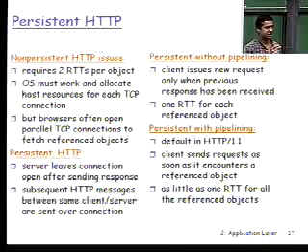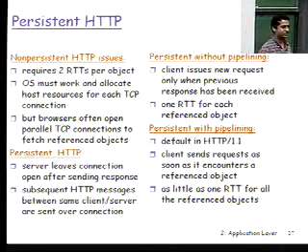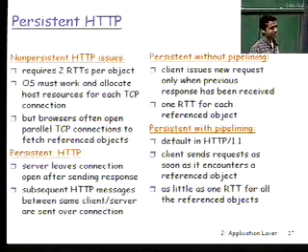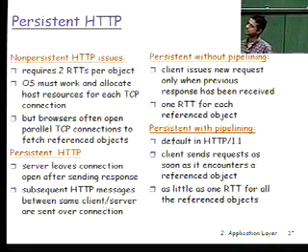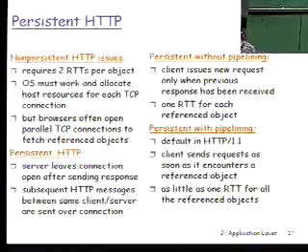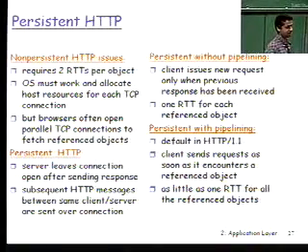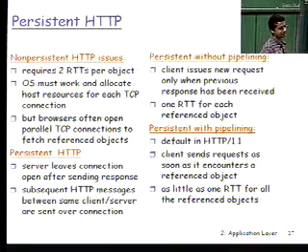Here, if all these objects are small enough, then everything can be transmitted in 1 round trip time. So if your server is far away in terms of round trip time, persistent with pipelining will give you significant performance advantages if you have a number of different objects to transmit.